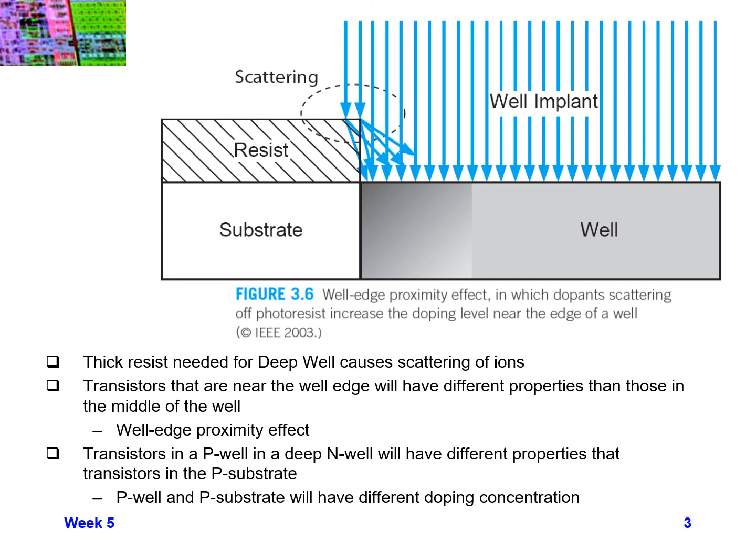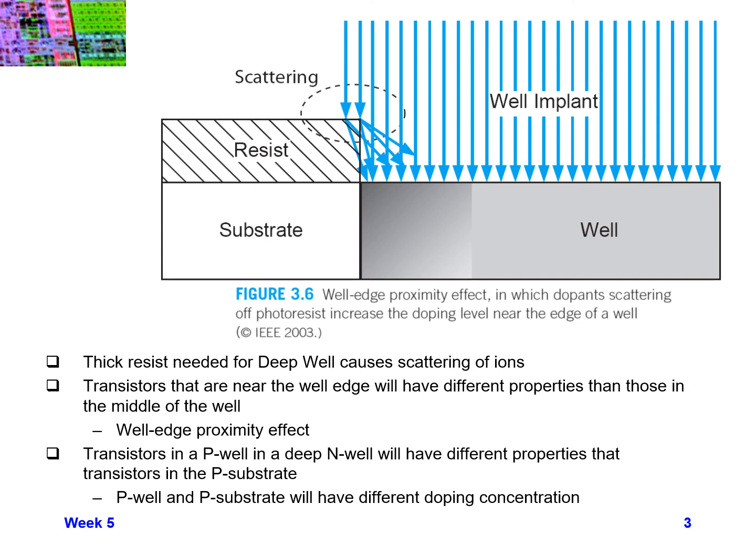So if you're using this deep well, you might have additional design rules saying that you need transistors to be farther from that well edge. It's just something that you need to be aware of and pay attention to and design accordingly.